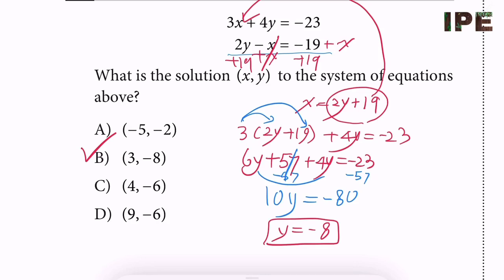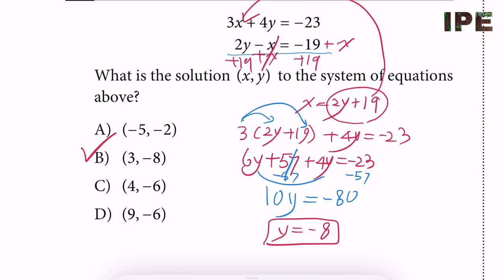If that point makes both equations true, that is the answer, okay? If it satisfies one equation but doesn't satisfy the other one, that is not the answer. If you try for yourself, plug in 3 and negative 8 for x and y in both. They should both be true. I believe that it'll be true.